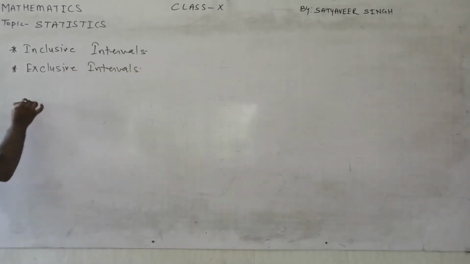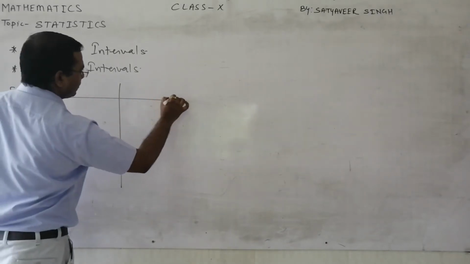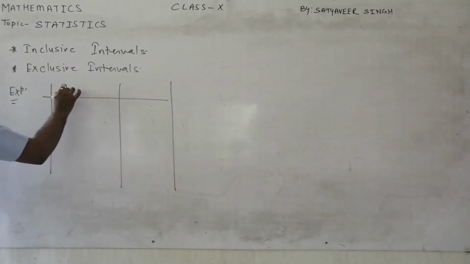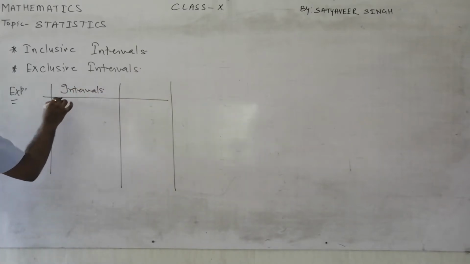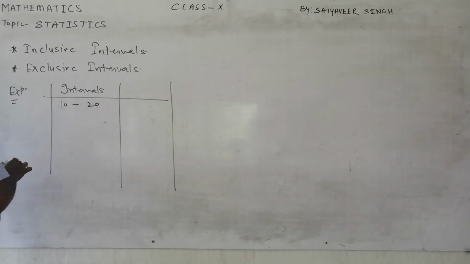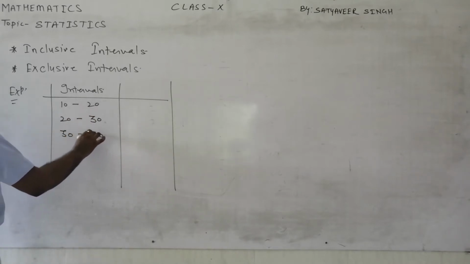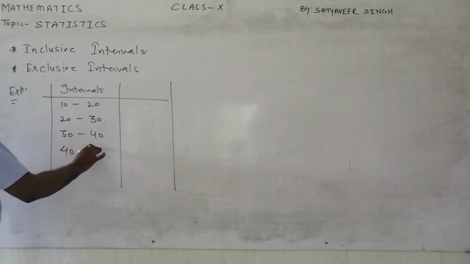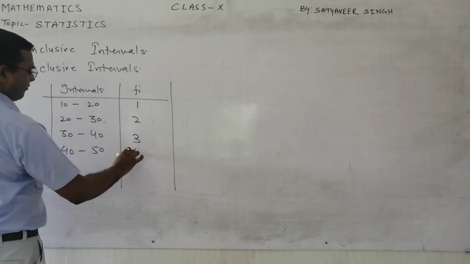See now student, I am just taking the example so that you can understand easily the difference between these two. If the intervals are given like suppose here it is 10 to 20 and here it is 20 to 30, here it is 30 to 40 and here it is 40 to 50, and there is frequency given like 1, 2, 3, 4.